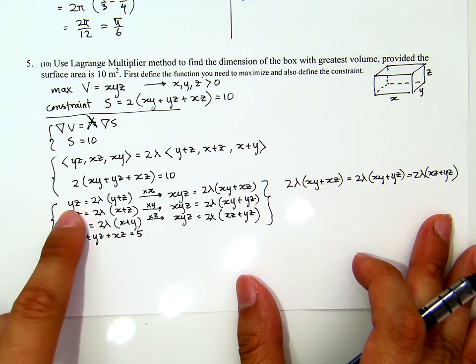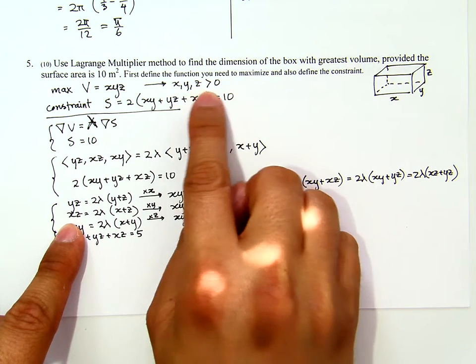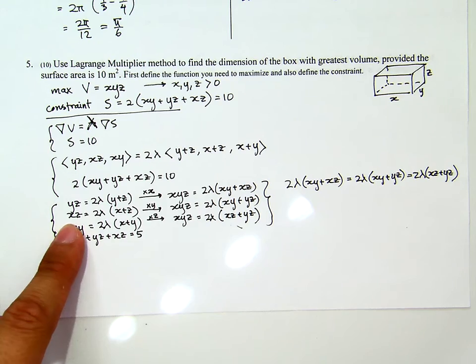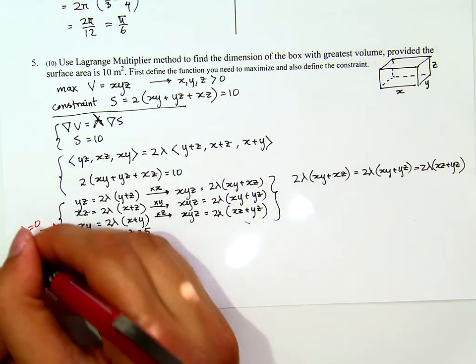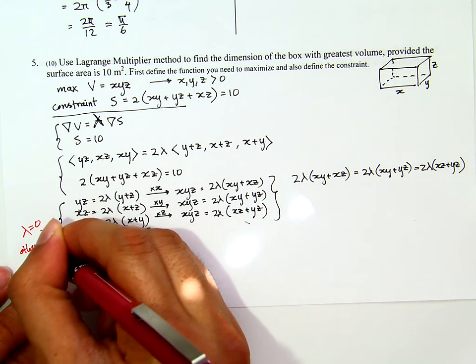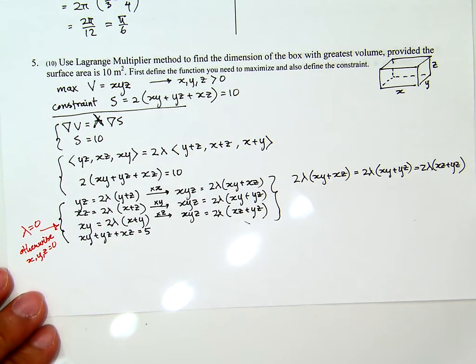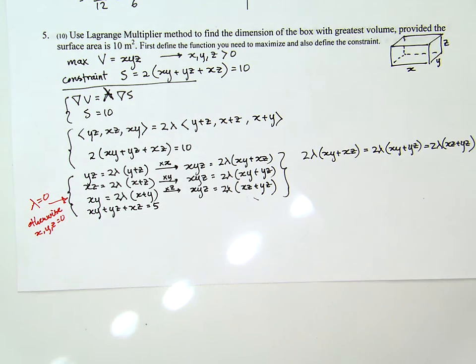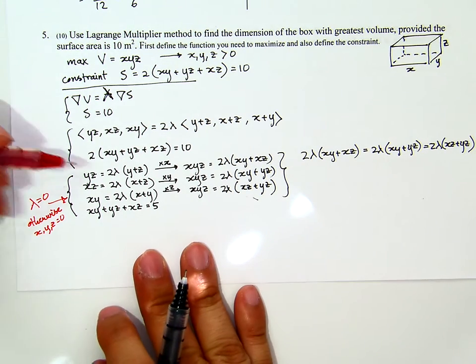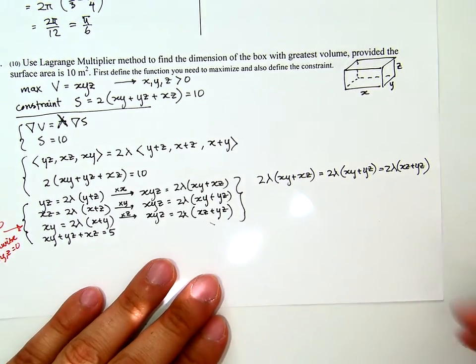If lambda is 0, then xyz would be 0, one of them would be 0, or even two, or all of them, which violates the positivity. So lambda is not equal to 0, and therefore I can divide all three sides by lambda.